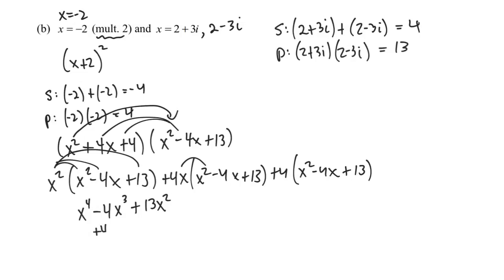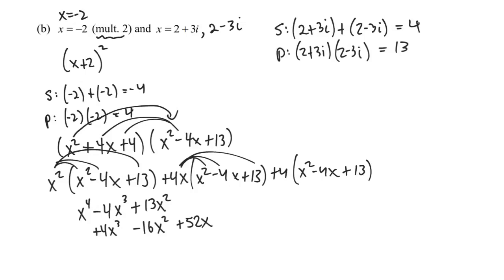I'm going to put that underneath the other x cubed term that I already have, just to keep things lined up and organized. 4x times negative 4x is going to be negative 16x squared. And again, I'm going to write that vertically just to make things a little bit easier on me. And then 4x times 13 is going to end up being plus 52x.